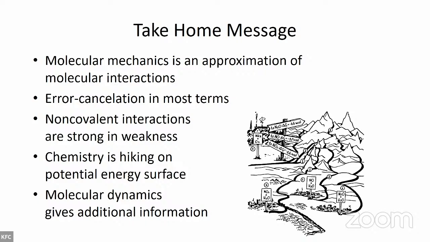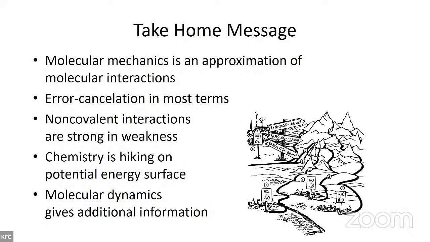So, take-home message from this first lecture, which unfortunately took longer than I expected. Molecular mechanics is the approximation of molecular interactions. So we use that in order to understand how the molecules interact with each other. Usually in all of those parameters, there is error cancellation everywhere. So we basically are using the harmonic approximation, even though we know that in some places it's not perfect, but for where we are, it usually works well.